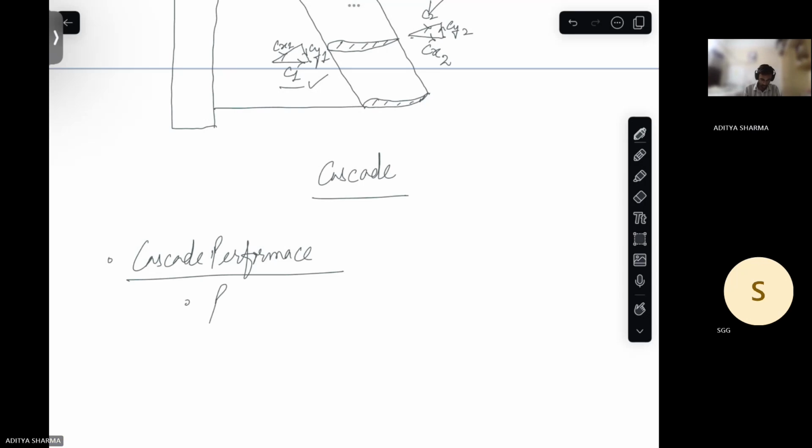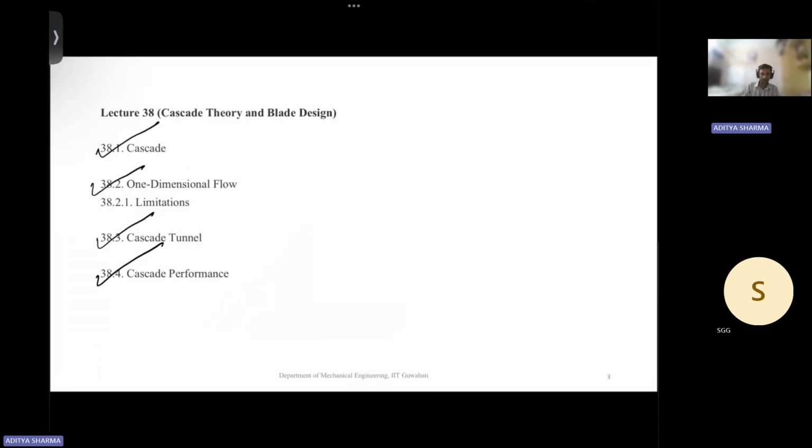We always want to reduce this pressure loss, so while we are considering this flow analysis, we want the pressure loss to be minimal. These topics have been discussed in detail in your lecture number 38.